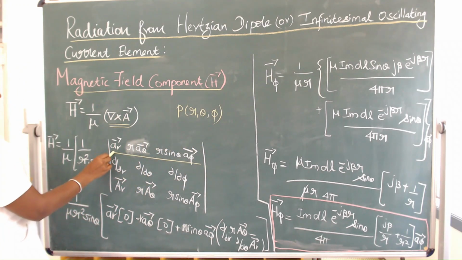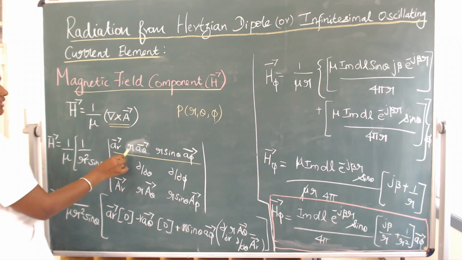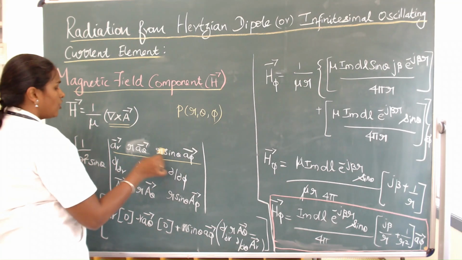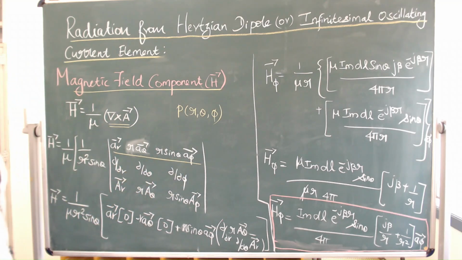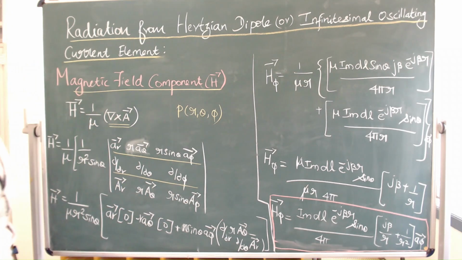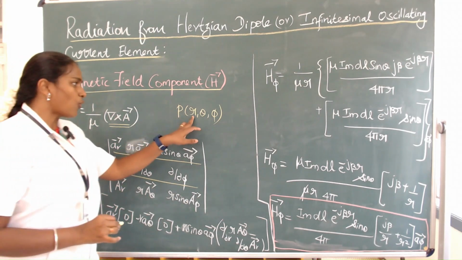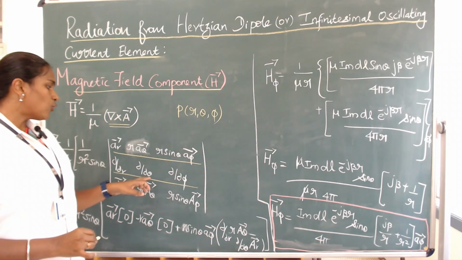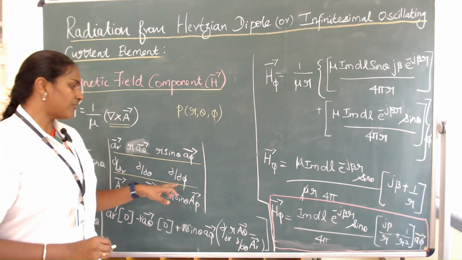The first is a_r, the unit vector in the direction of r. Next is r times a_theta. Next is r sin theta times a_phi. So the first row is full of the unit vectors with respect to the individual coordinate. The second row is full of the derivatives: dou by dou r for the first, dou by dou theta for the second, and dou by dou phi for the third.